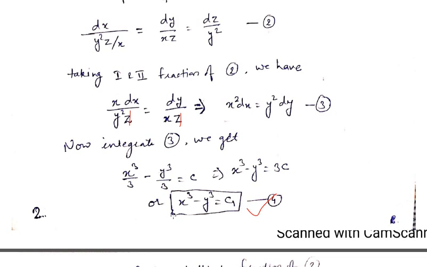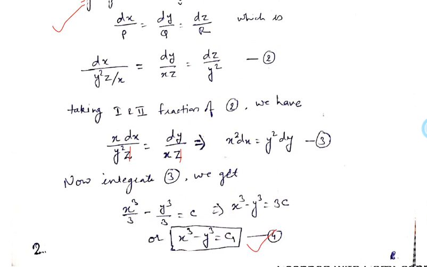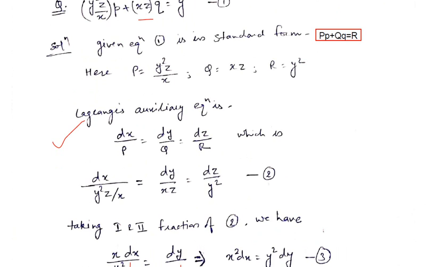So here u is what? u is x cube minus y cube. Now to obtain v, which pair of fractions should we choose? If we choose the second and third fractions, they carry all three variables and no variable can be cancelled out.